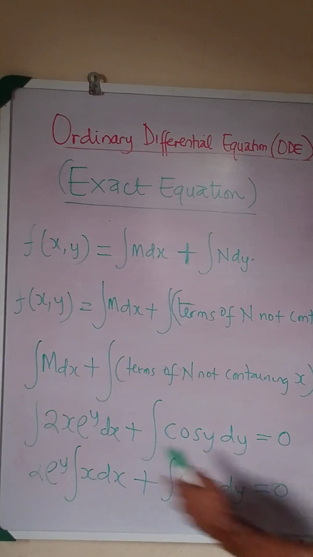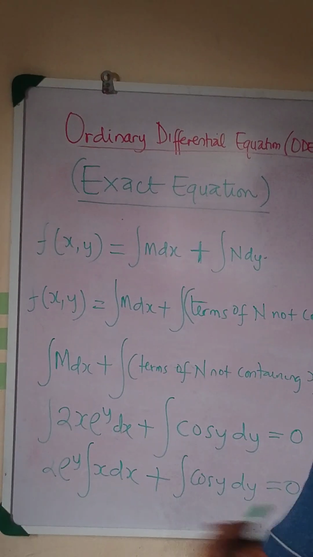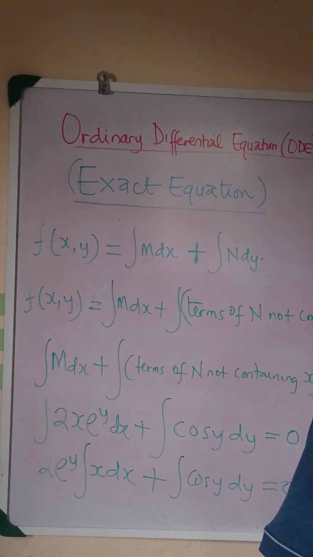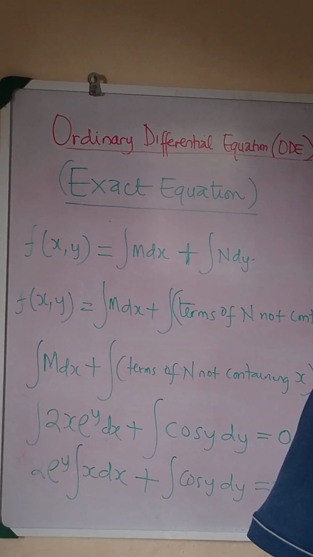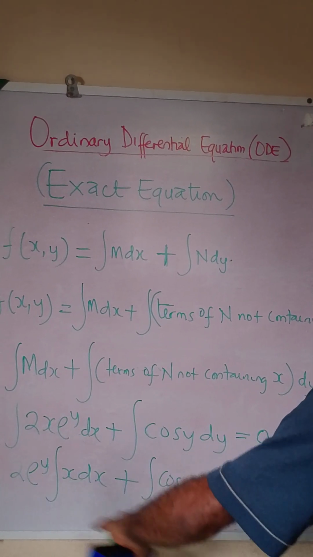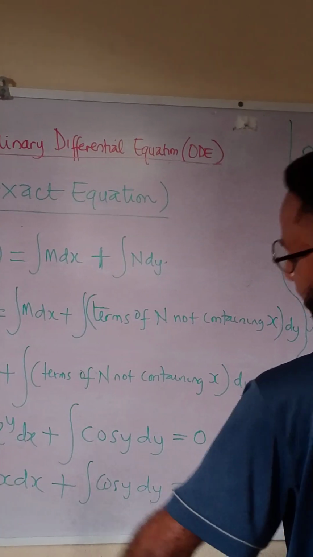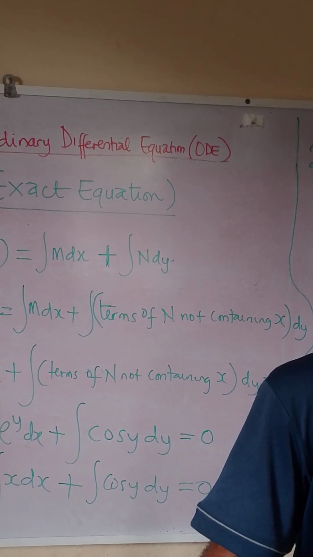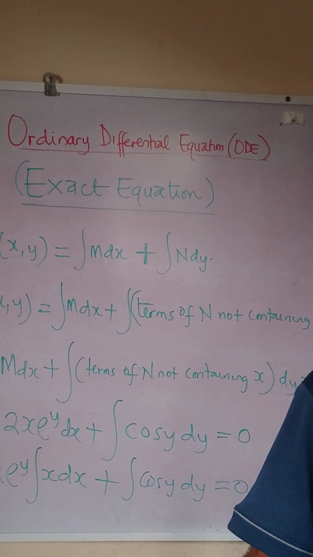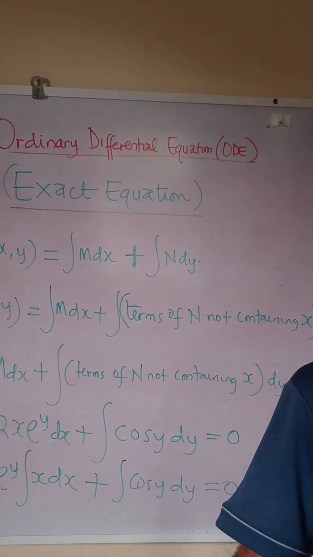So when we integrate x dx, we write our constant first, 2 exponent y. When we integrate x, the power is 1, so we have 1 plus 1 over 1 plus 1.